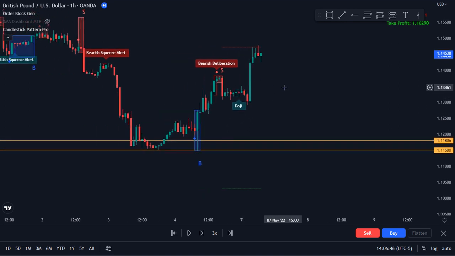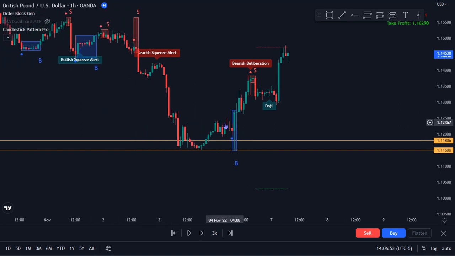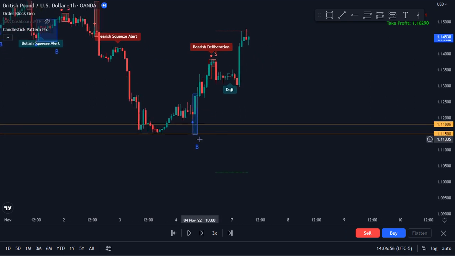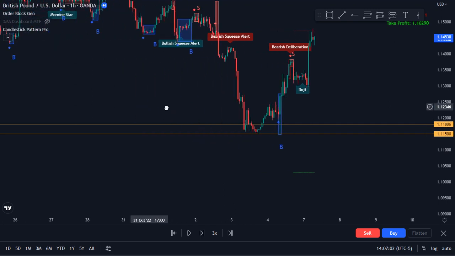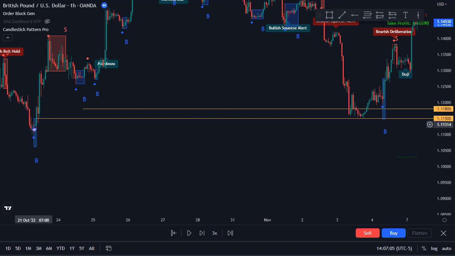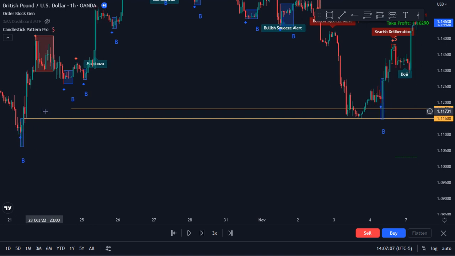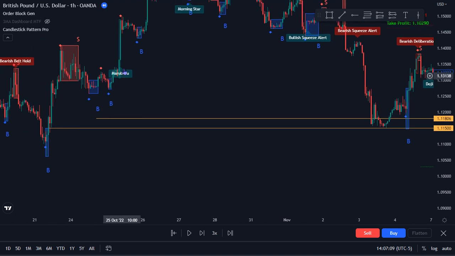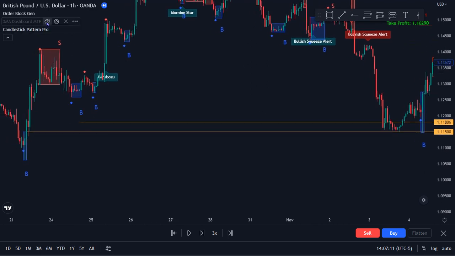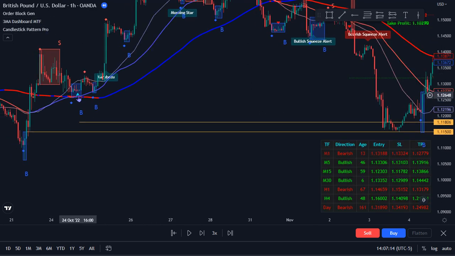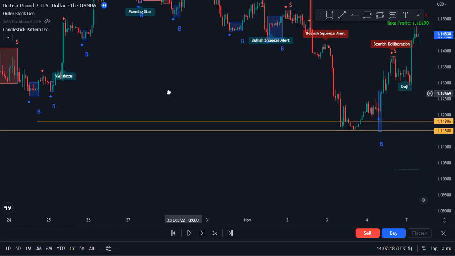We're not giving too much weight to these bearish candlestick patterns because, again, the 4 hour is pointing bullish. Not to mention we've just traded off of the median threshold of the 4 hour order block and dipped into the 1 hour order block that we believe is going to hold because of some of these other confirmations, such as the 3MA telling us to reference that most recent order block.